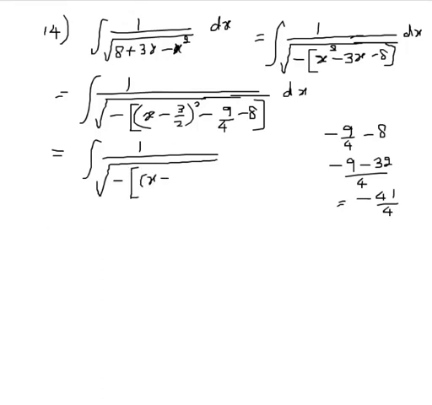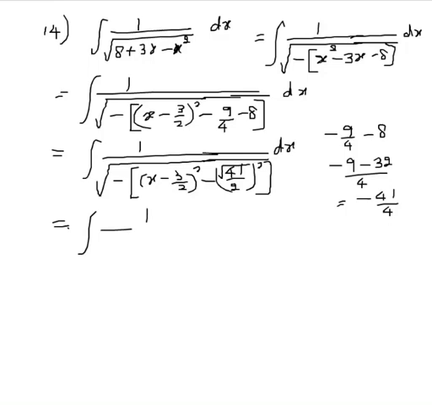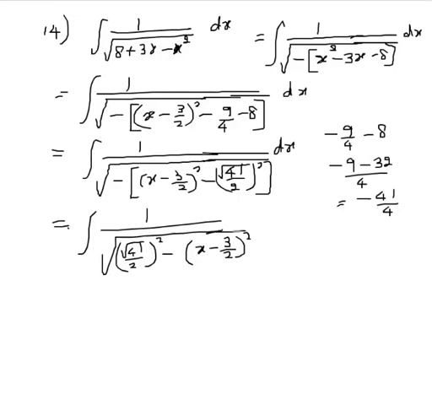minus of x minus 3 by 2 the whole square minus 41 by 4 can be written as root 41 by 2 the whole square. dx. Now let us distribute this negative sign. So it becomes root 41 by 2 the whole square minus of x minus 3 by 2 the whole square into dx.